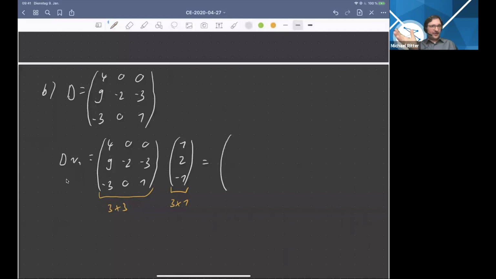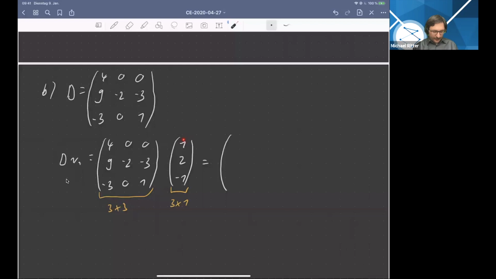The result will have as many rows as the left matrix and as many columns as the right matrix. So we get 3 rows because D has 3 rows, and 1 column because the vector has 1 column. To compute the entry in position 1, 1, we take the first row from D and the first column from the right matrix, which is just the vector, and compute the scalar product.